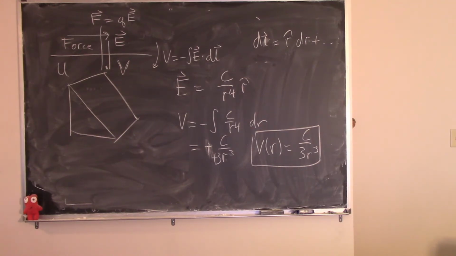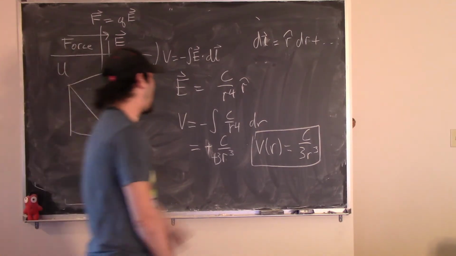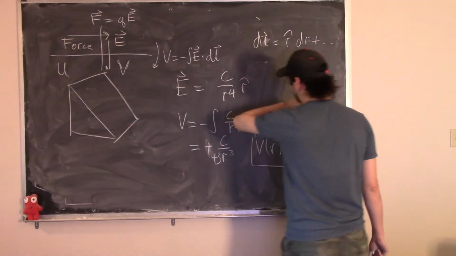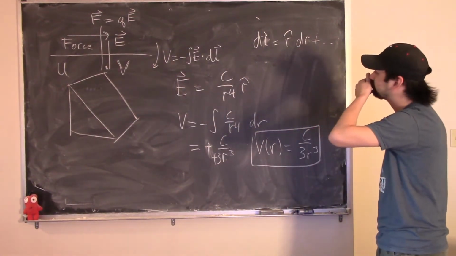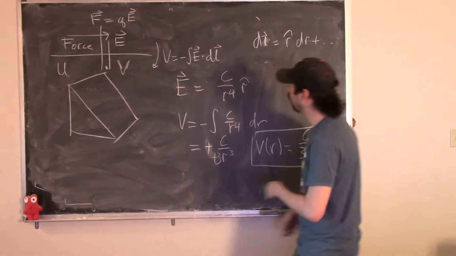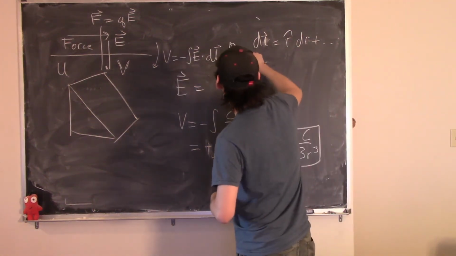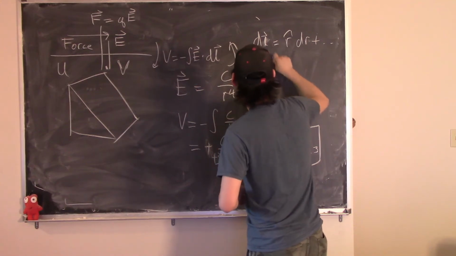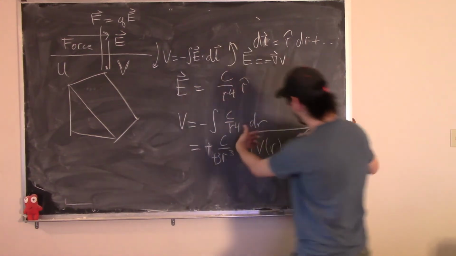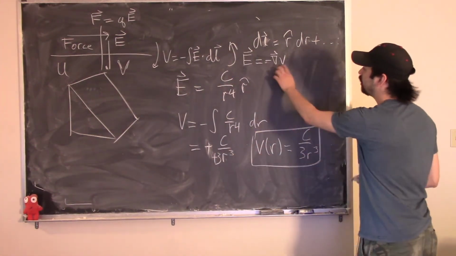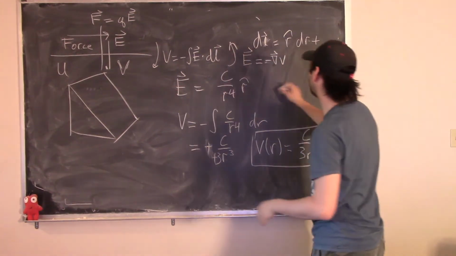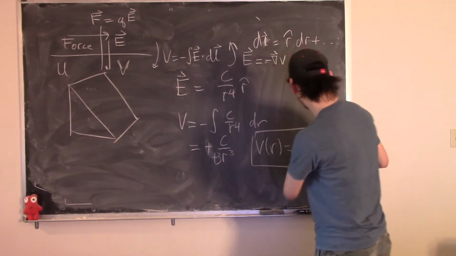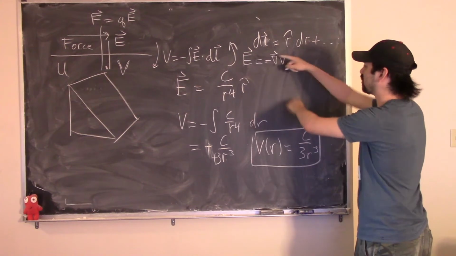I wouldn't say that it's entirely necessary to go backwards from here to here. What you can do, and I think what it's asking you to do, is to say that now that I have this electric potential function, I can go backwards and find what the electric field is by taking the negative gradient of it.